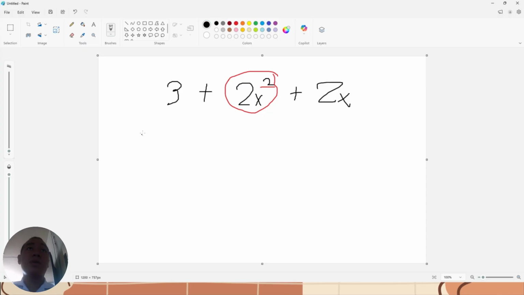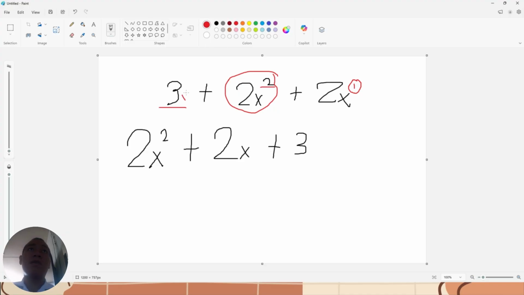So to write this in standard form, we first put the highest exponent, 2, here, plus copy this, 2x, as it has a hidden 1 exponent, and then 3, which is the constant, as it has no variable.